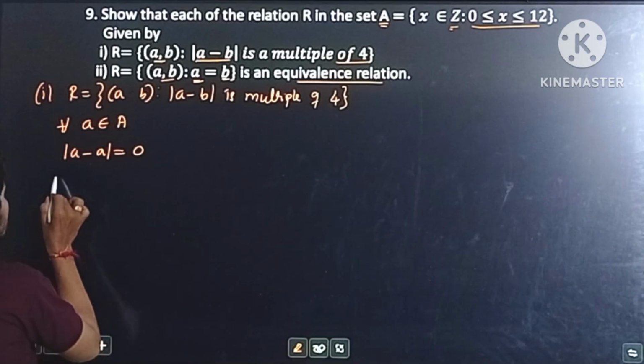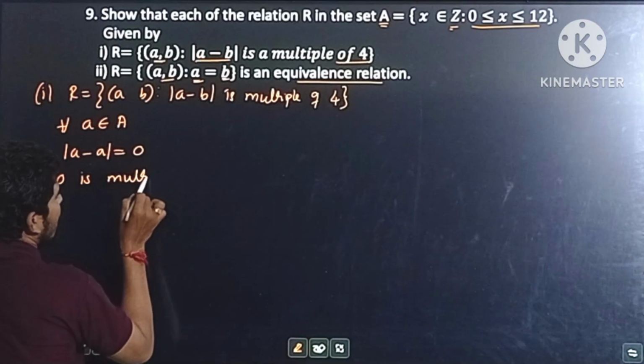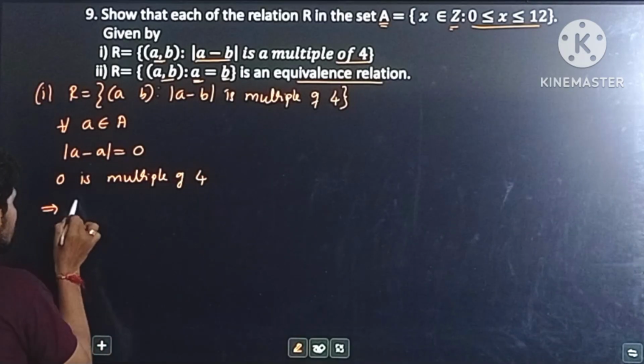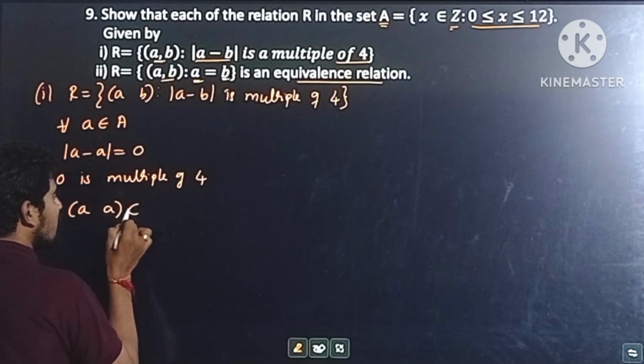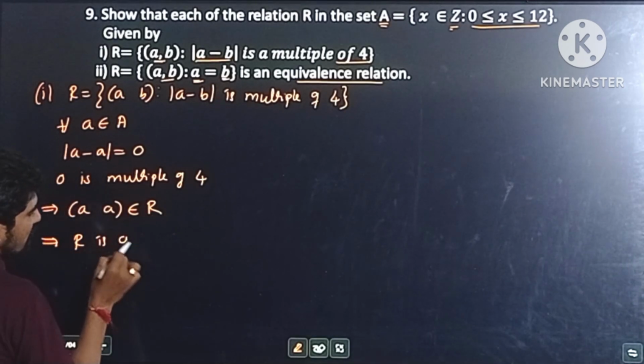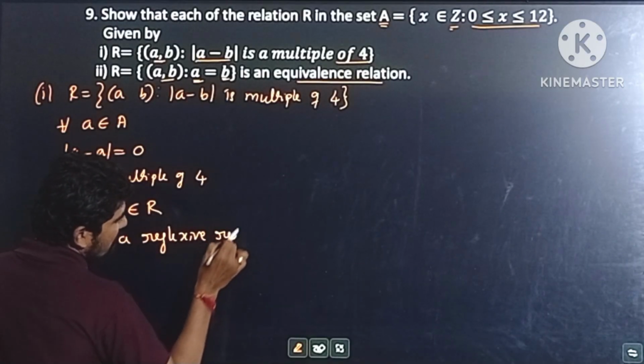So hence 0 is a multiple of 4, which implies the pair AA belongs to the relation R. So hence R is a reflexive relation.